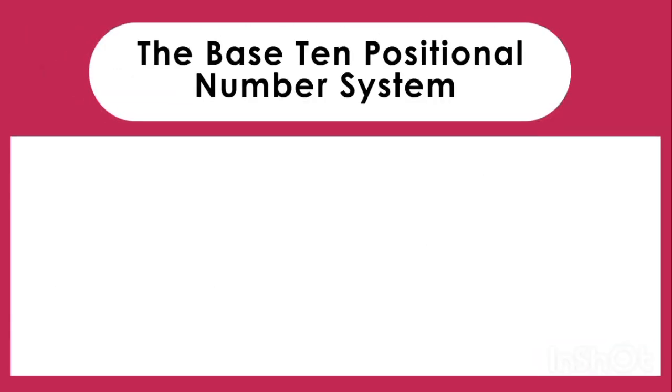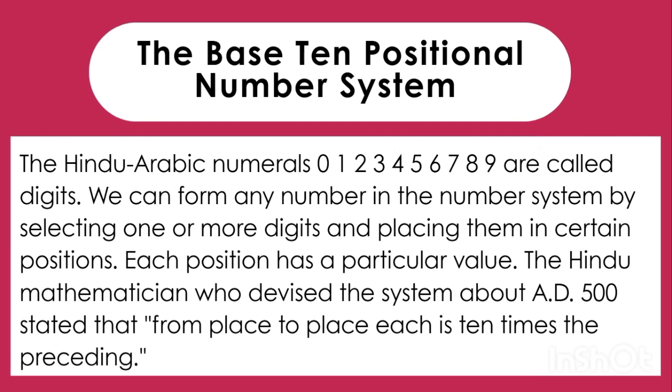So there is the base 10 positional number system. In the Hindu-Arabic numerals, 0 to 9 are called digits. Any numbers that represent 0, 1, 2, 3, 4, 5, 6, 7, 8, 9 are digits. We can form any number in the number system by selecting one or more digits and placing them in a certain position.